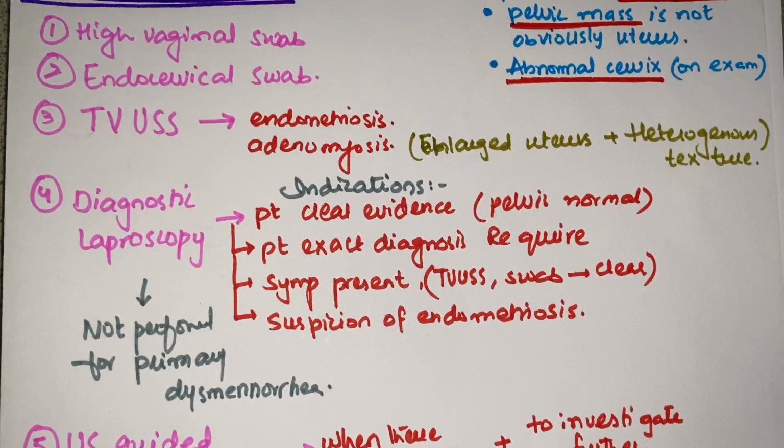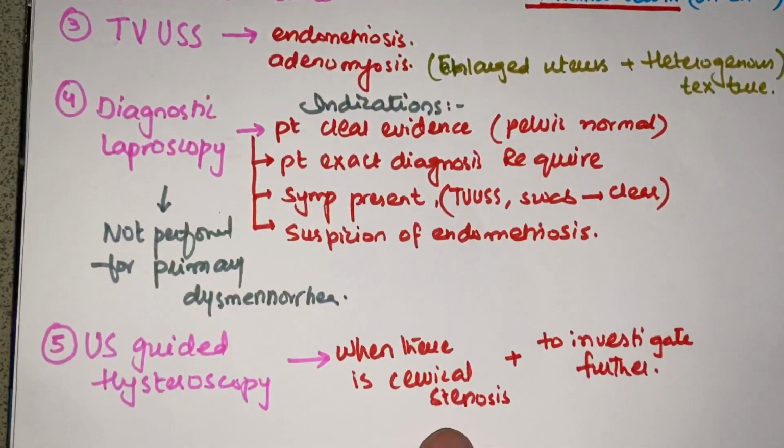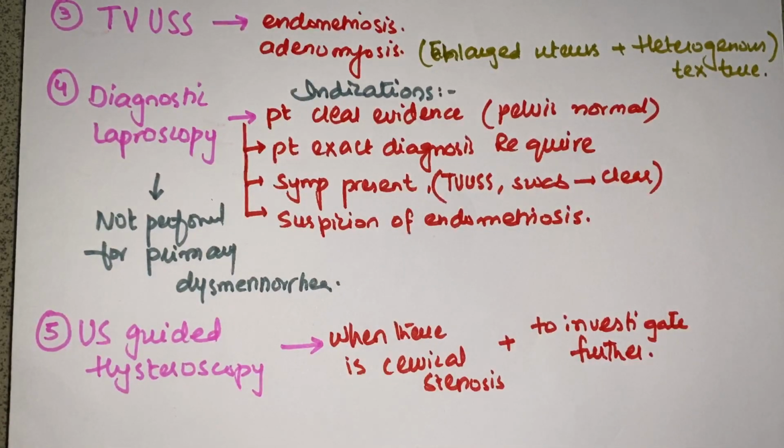And the fourth modality is diagnostic laparoscopy. Now, we don't do diagnostic laparoscopy in every patient of dysmenorrhea who comes to us. We have some particular indications. First, if the patient is demanding an exact, clear diagnosis of her condition. Second, if she wants clear evidence that her pelvis is normal.